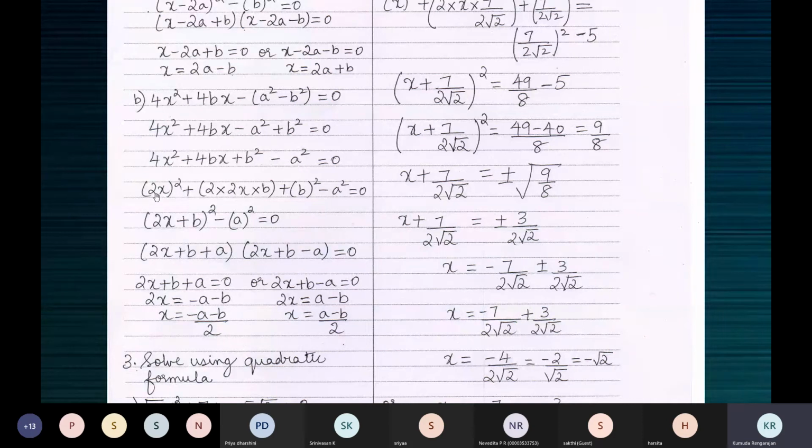Then after having written the first 3 terms as a plus b the whole square or a minus b the whole square, we use the last one. Now they will look like difference of 2 squares. And that's how we solve for x. You know how it works, difference of 2 squares. And we solve for x.